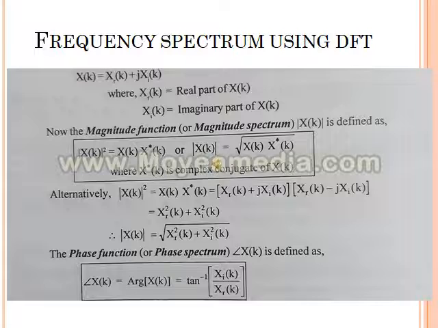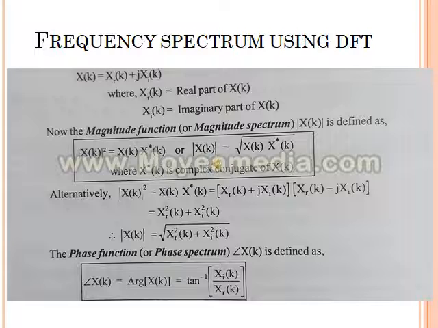We add both these parts and then take the square root. So this will give you the magnitude, and when we have to find its phase, we can take tan inverse of the imaginary part divided by the real part, and that will give you the phase.